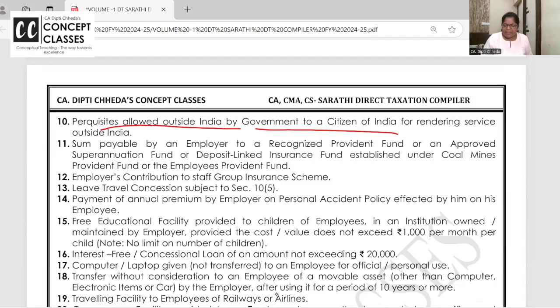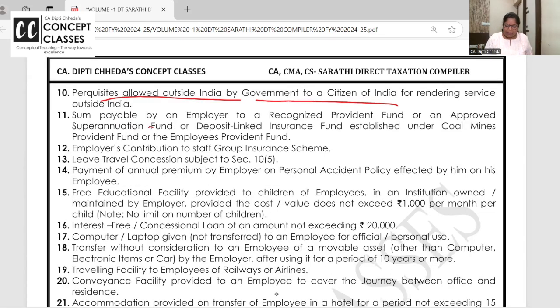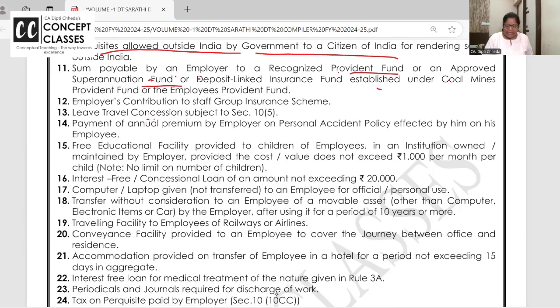Perquisites which are provided by the government to citizens outside India. Allowances and perquisites provided outside India by the central government are exempt. Sums payable by the employer to RPF and approved funds and all are exempt. Leave travel concession. Oh, I think I missed out this leave travel concession. I'll take it a little later. Let's read it. Leave travel concession: you travel anywhere to your hometown with your family. It is exempt.